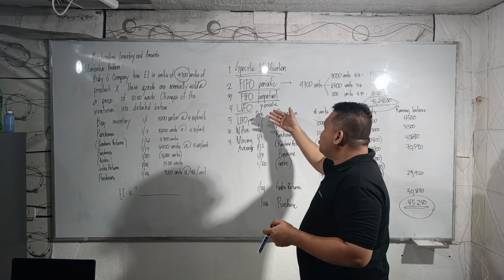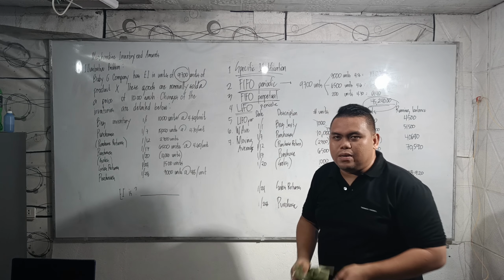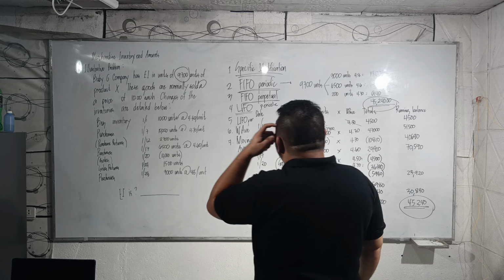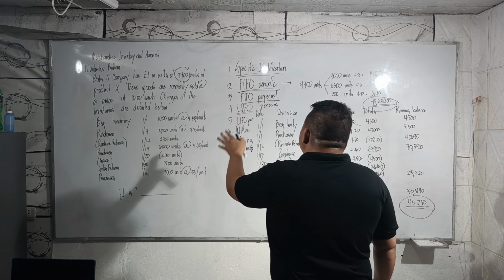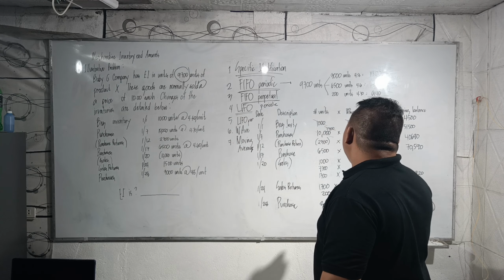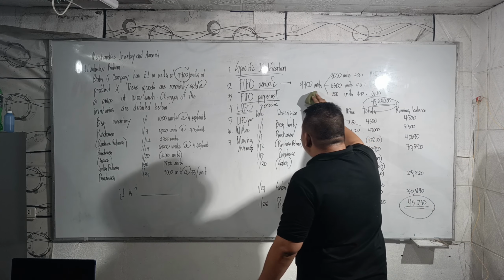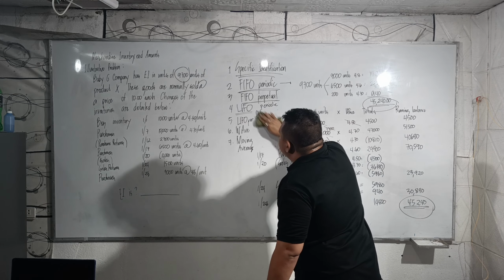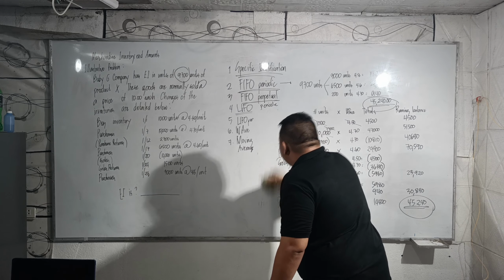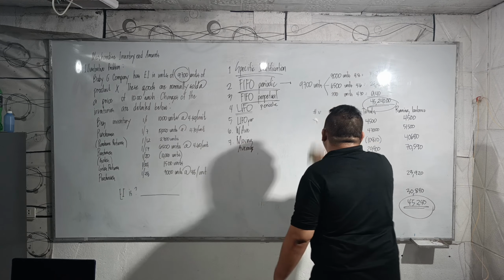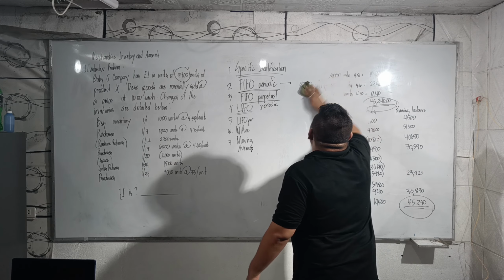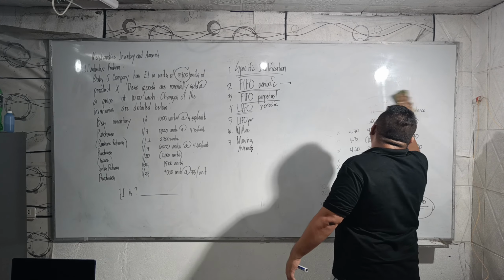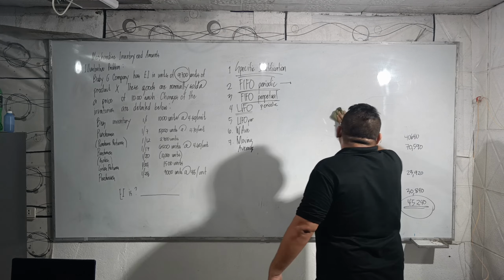So there are also two, periodic and perpetual. The LIFO is the reverse of the FIFO. So what will happen if we subject our illustrative example to last in first out? Okay, just wait.